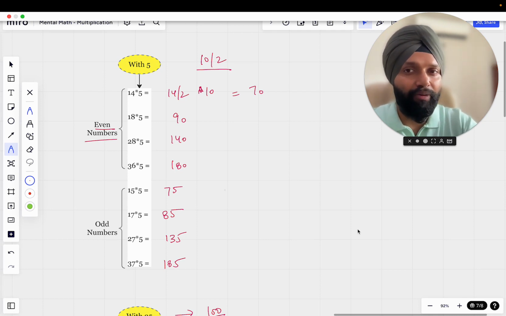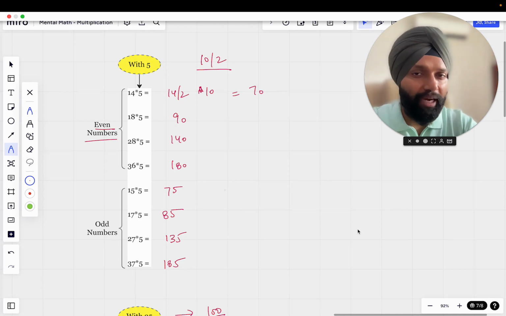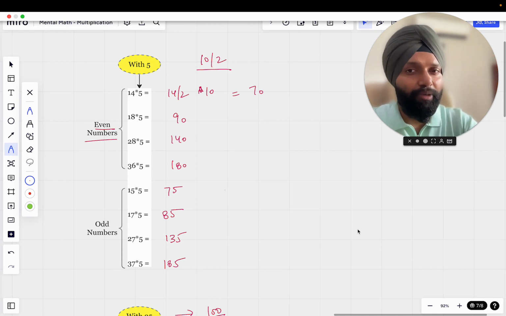And similarly, instead of looking at it as a multiplication with 25, you look at it as a multiplication with 100 by 4. So that makes things easier, and now you can do these calculations in your mind. Of course, in the beginning you may still have problems doing all this in your mind, but over a period of time, as you become more and more fluent with this, you will see that handling these calculations in your mind becomes easier.